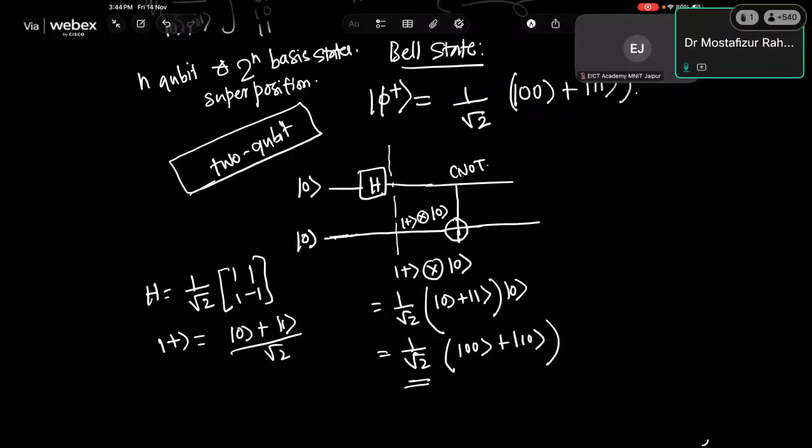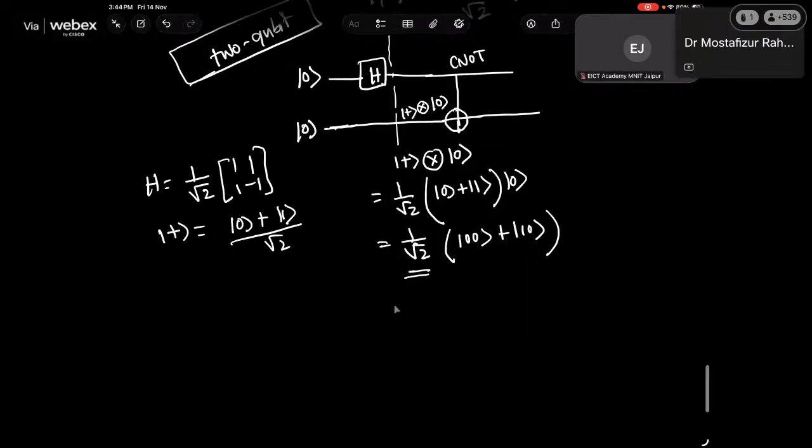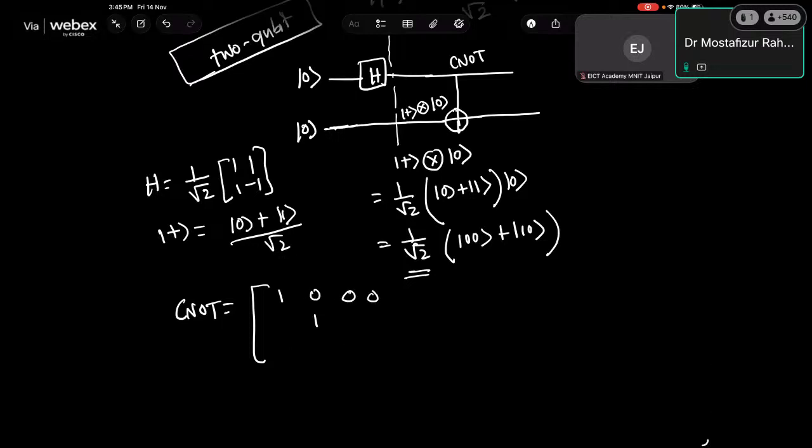Now, the definition of CNOT in matrix form is: 1, 0, 0, 0; 0, 1, 0, 0; 0, 0, 0, 1; and 0, 0, 1, 0.